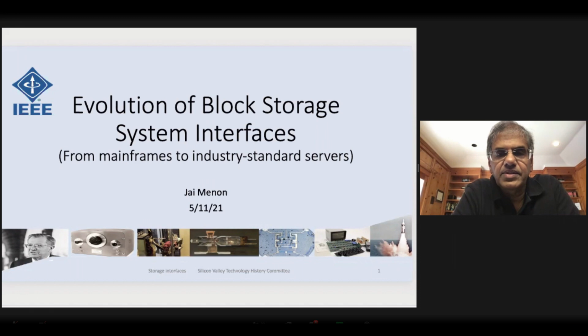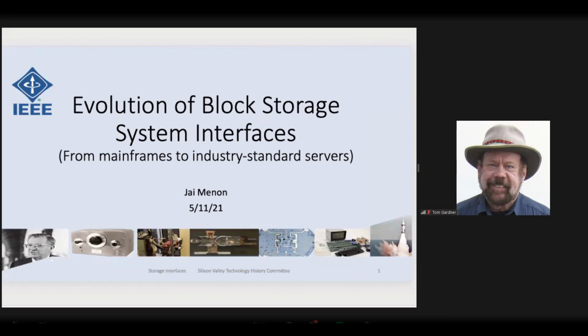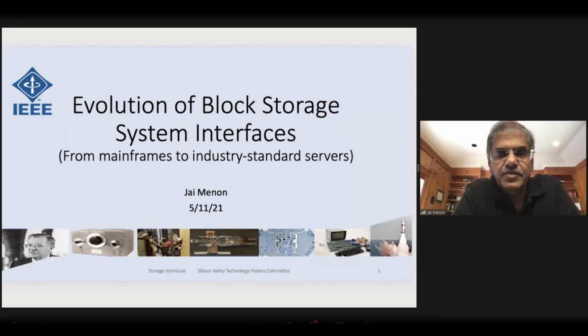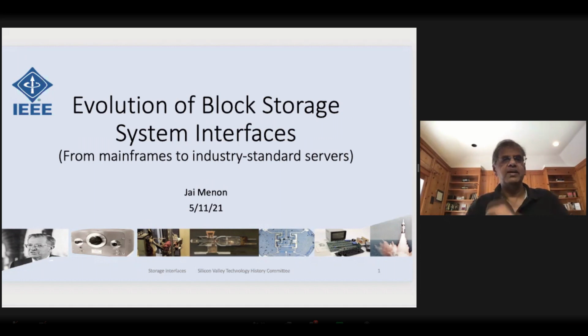I worked on mainframe storage systems, ended up as an IBM Fellow and CTO for IBM server storage and networking businesses before I left to take the same role at Dell for a few years. Since then I joined a startup that's working on what I think is the world's fastest storage system, doing 15 million IOPS. So I'm still doing storage. I've been around for a while, still doing it.